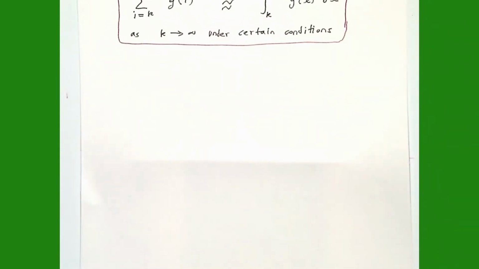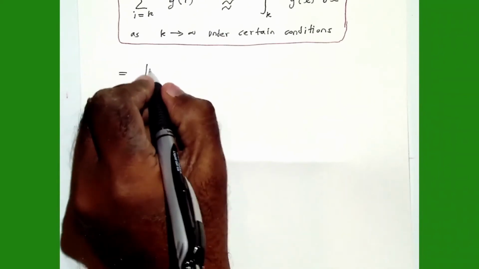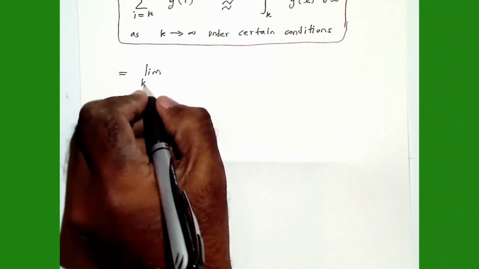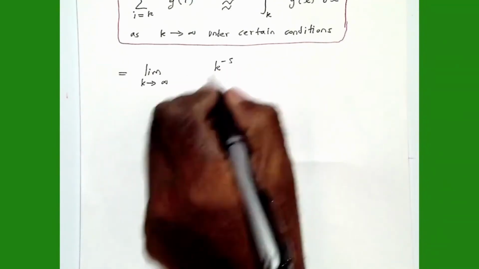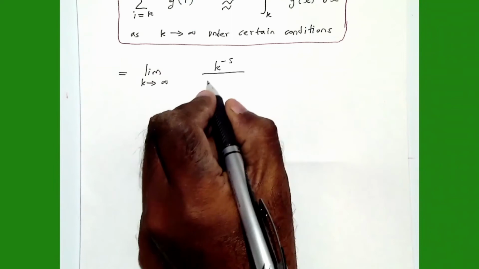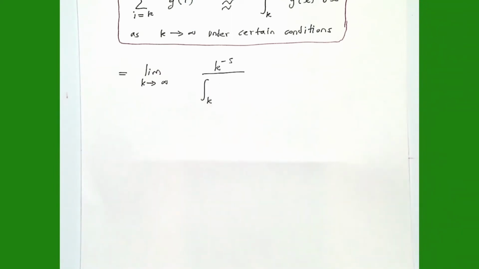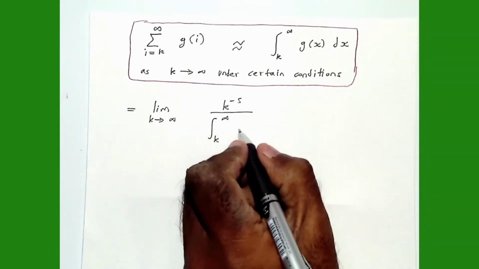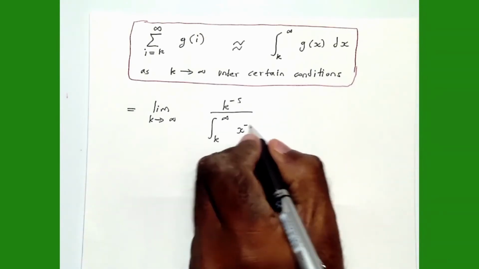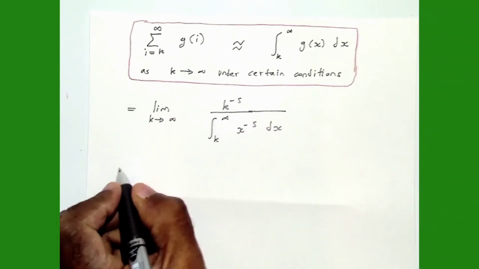So I will replace the sum by an integral. The integral is going to go from k to infinity of x to the power minus s dx.